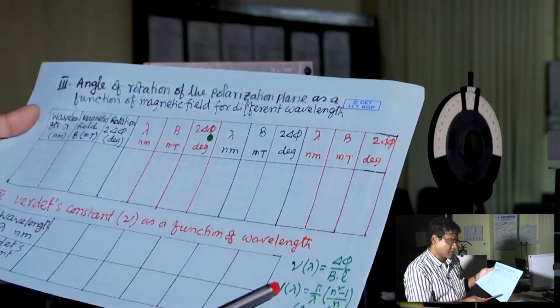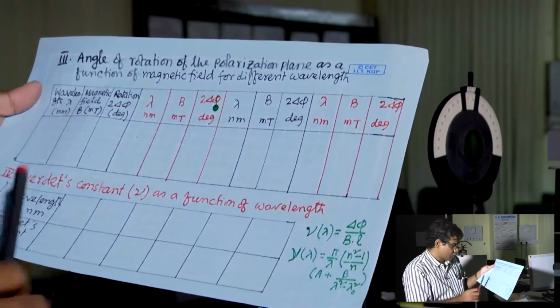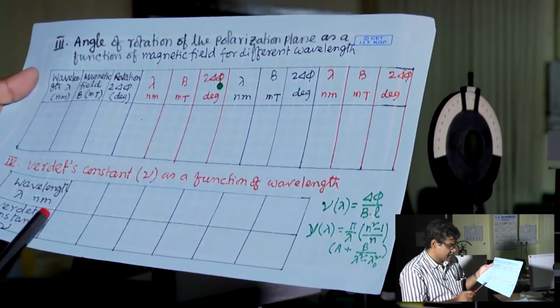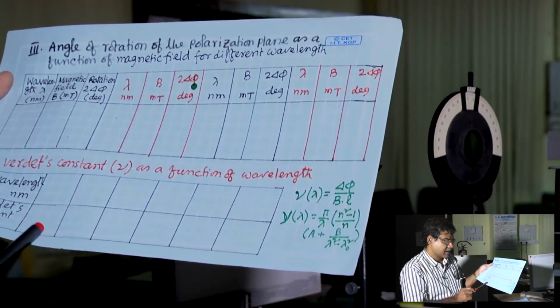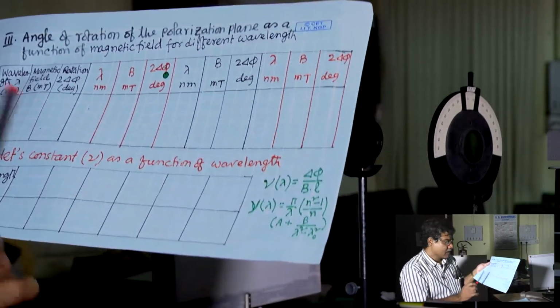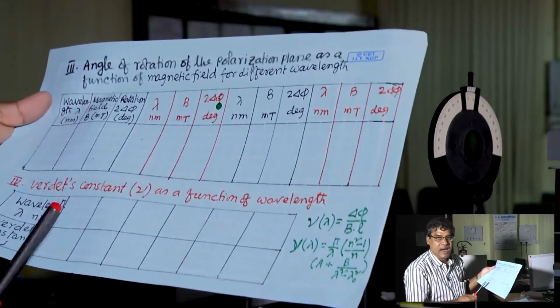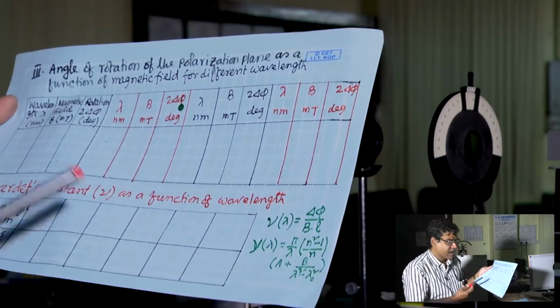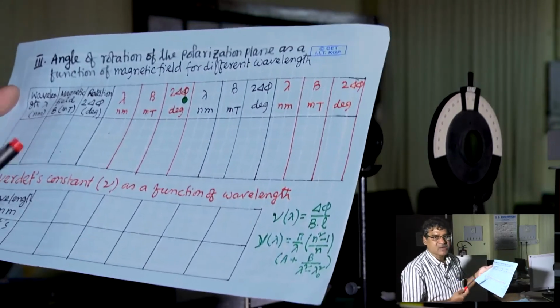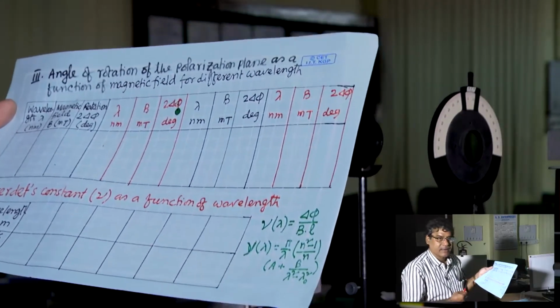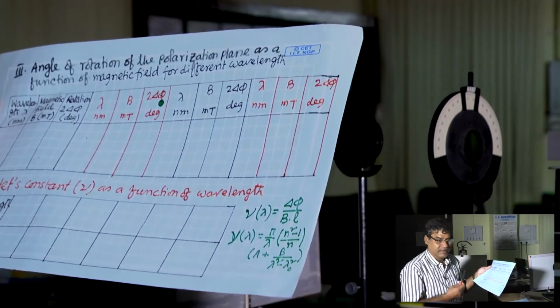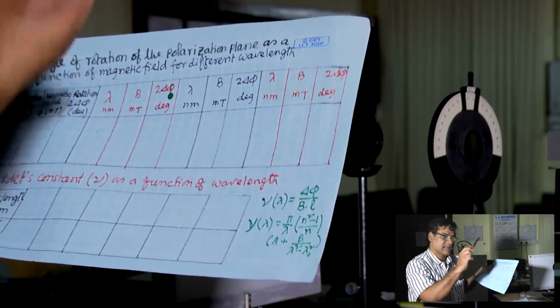Now we repeat for the second wavelength, third, fourth, fifth. We have 5 filters, and the corresponding Verdet constant you can calculate, and you plot it and see how nu depends on the wavelength, whether it depends linearly. If so, we will get a straight line.